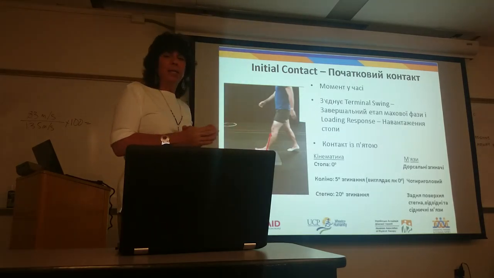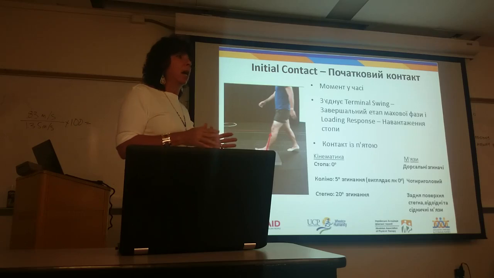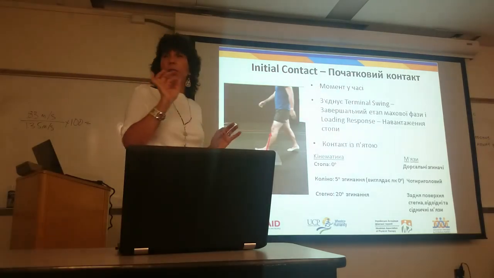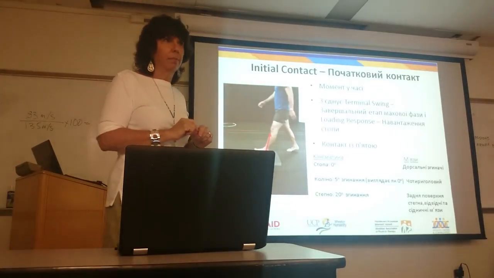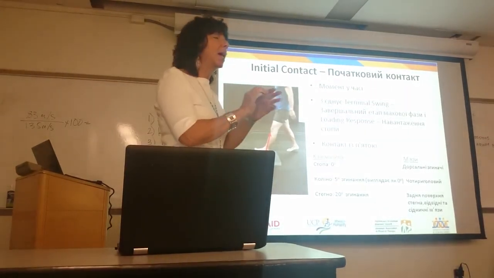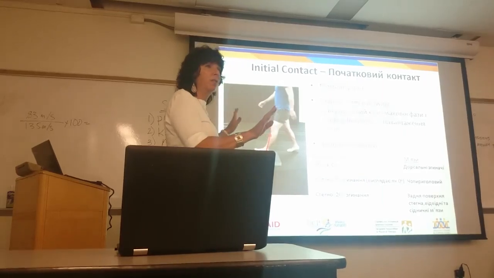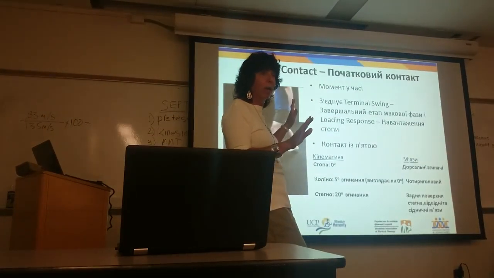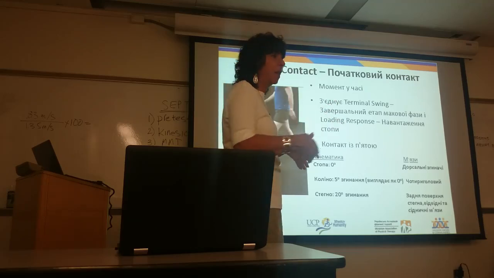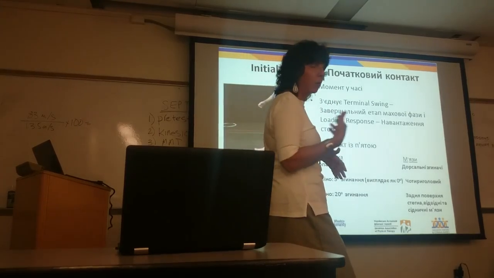Initial contact is just a moment in time. So even though we call it a phase, it really is just how the foot contacts the ground. It is really a connection point between the previous phase, which is terminal swing just before the foot hits the ground, and the next phase, which is loading response when the weight is loaded.